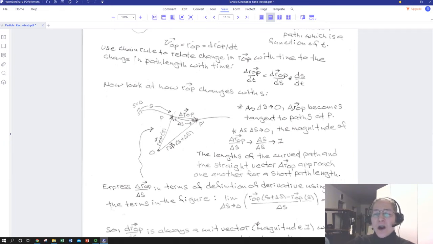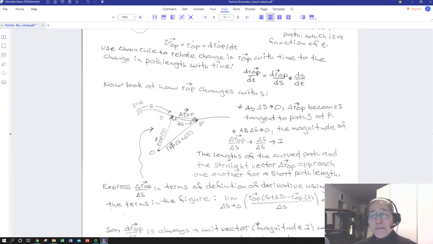So the delta ROP will be by definition pointing in the tangent direction. This is sounding a lot like the change in one unit vector being the orthogonal unit vector. Because we got a radius vector, which is sounding a lot like it's going to be a normal vector. Its direction of change is tangent, which is orthogonal to the normal. So we'll see how that shakes out.